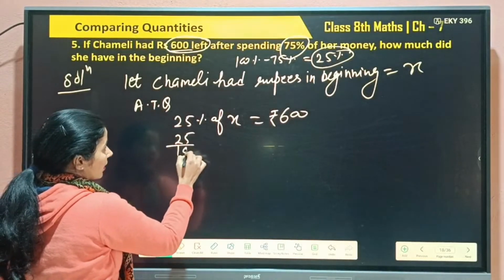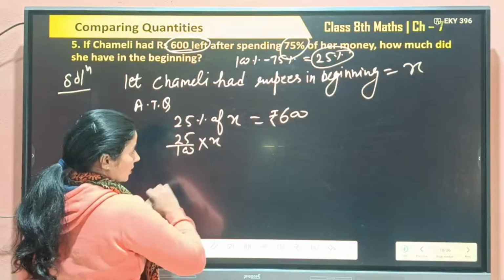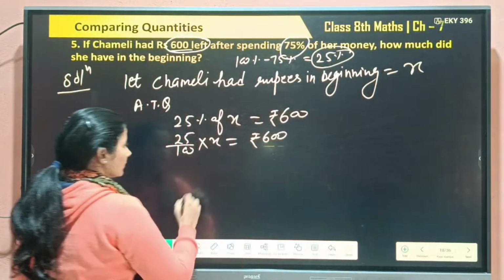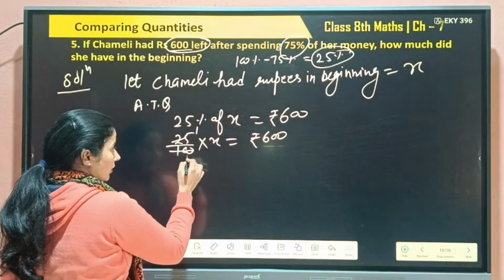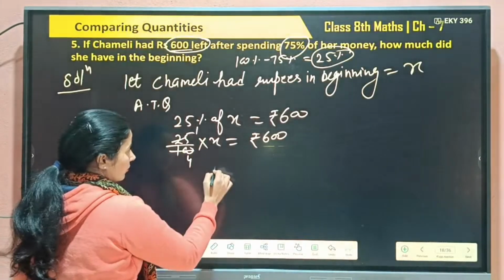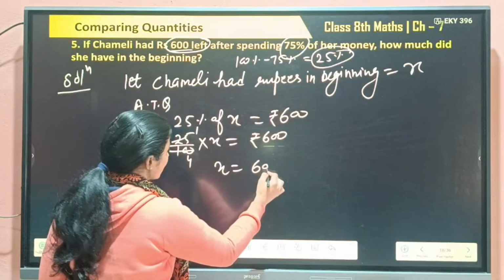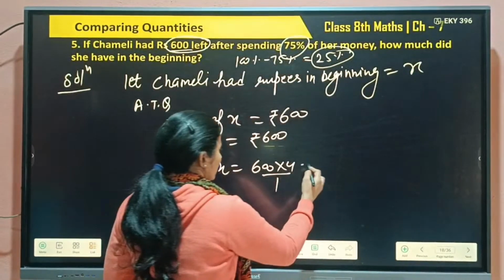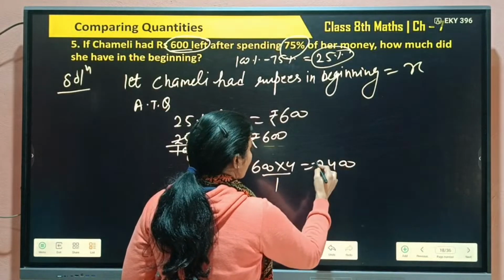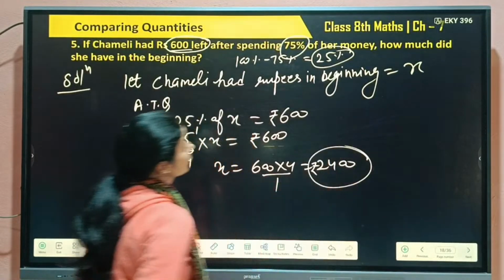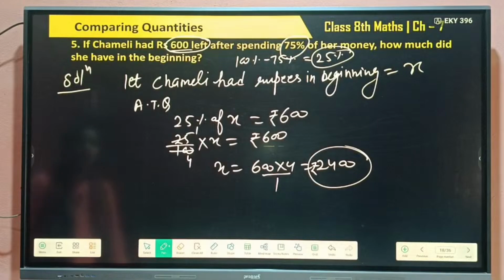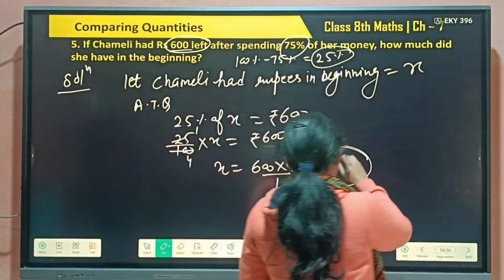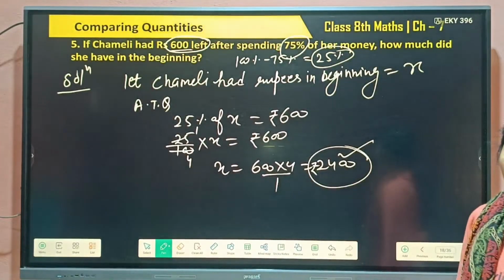25 by 100 of x means multiplication. This is rupees 600. So 25 goes into 100 four times, so x is equal to 600 into 4 by 1, that is 2400. How much did she have in the beginning? She was with 2400 rupees.